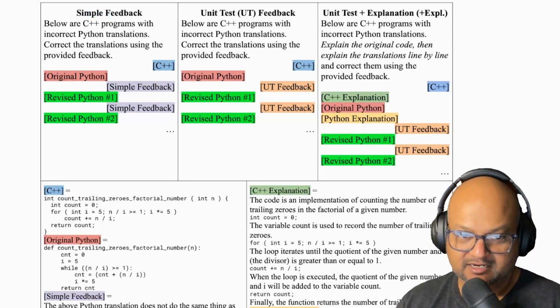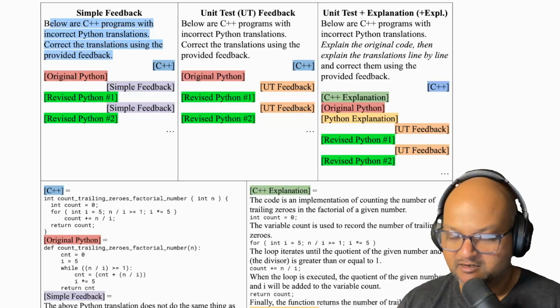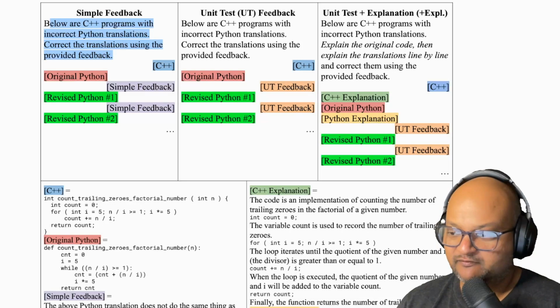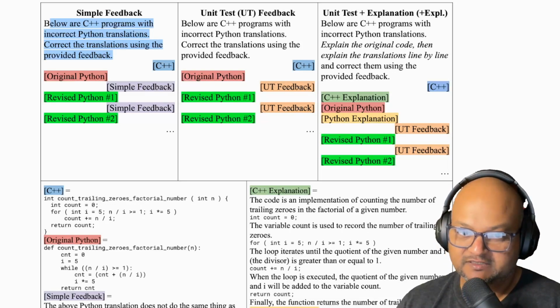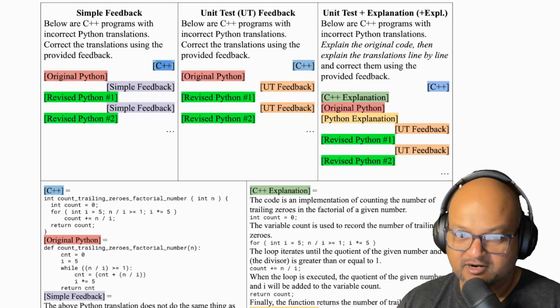And the way you would set it up is, and this is omitted here for brevity, you would set up a few-shot prompt where you provide many examples of C++ programs with their Python translations, and then you would present your C++. In all these diagrams, the left aligned things are predictions by the LLM, and the right aligned things are inputs provided by you.